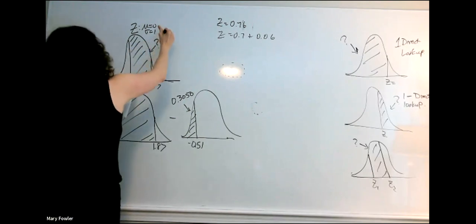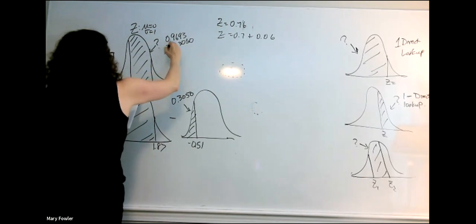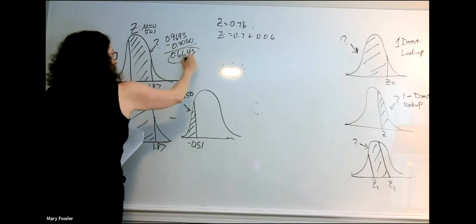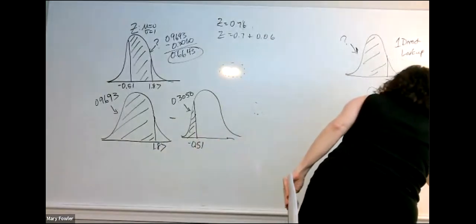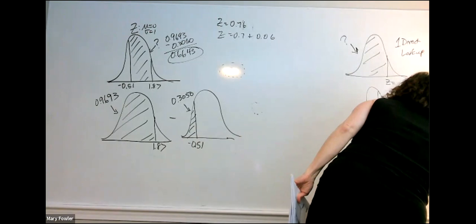So let's put that over here. And so the bounded region ends up having an area of 0.6643.